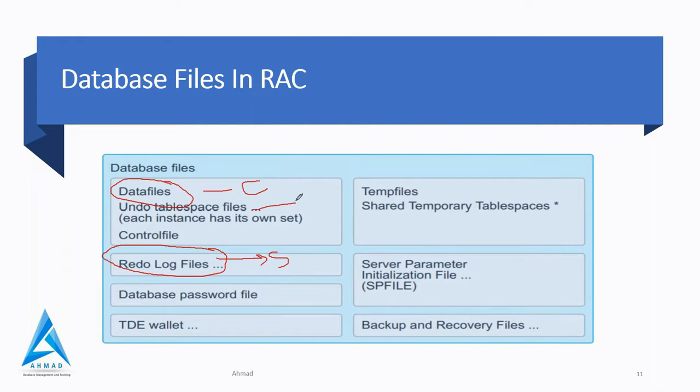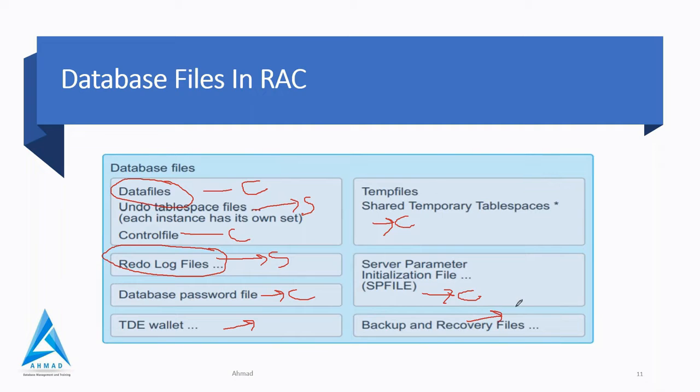Undo tablespace is separate, meaning each instance has its own undo file. And the control file is common, and your password file is common. If you are using a wallet, it is shared. The temporary tablespace is shared, which means common. And the SP file is common.